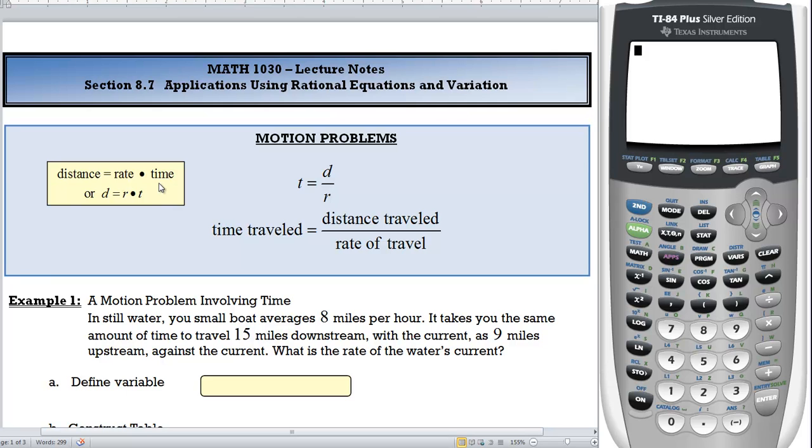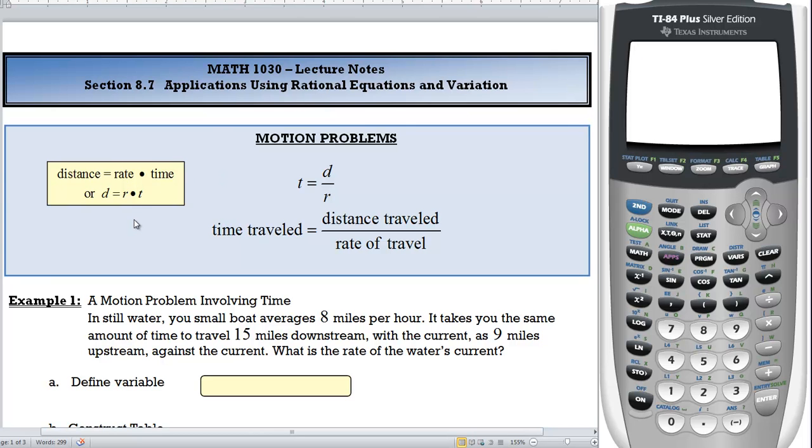Just suppose you were driving 60 miles per hour in your car and you go for 2 hours. Now, assuming we can stay at 60 miles per hour, then the distance you have traveled in that time would be 120 miles. So this is where this formula comes from.